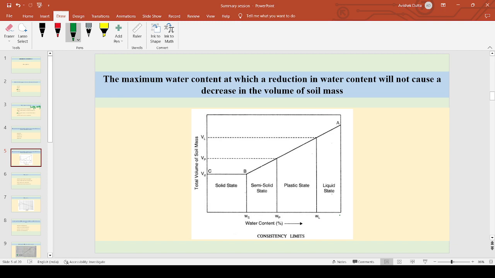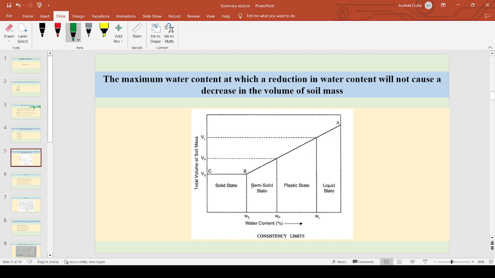Before that is the plastic limit. Between WP and WL is the plastic state, where the soil can be heavily deformed. After that comes the semi-solid state, where the soil is kind of stiff.